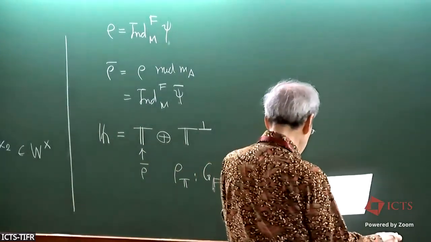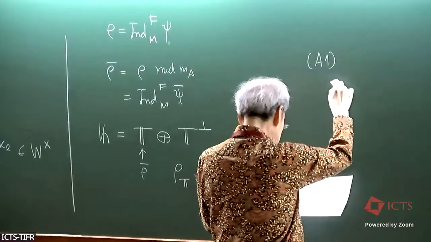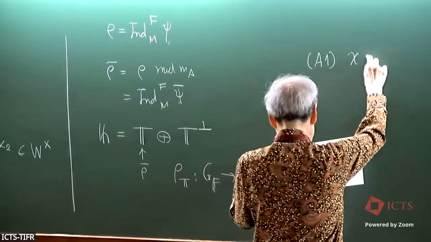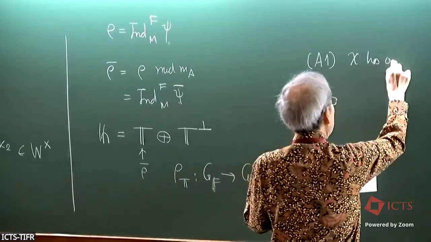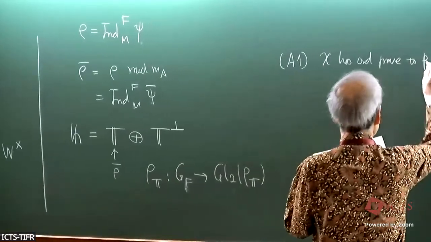This is also perhaps Jack mentioned: A1 is that this one is not so important, but chi has order prime to P, that I already mentioned.